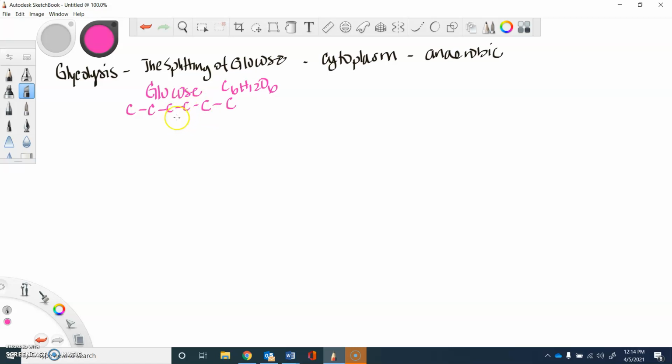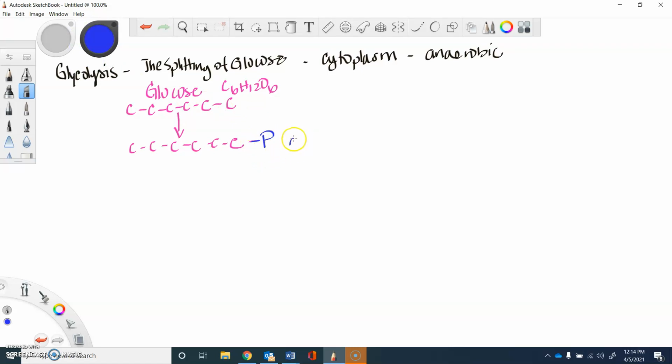So the first thing that happens to glucose when it goes into the cell is it's turned into something other than glucose. It goes through a reaction that turns it into glucose 6-phosphate. If we were to number the carbons 1 through 6, and this were carbon 6, then it would look like this.